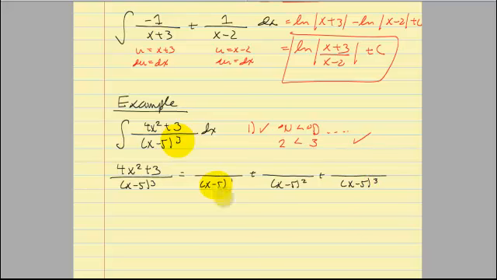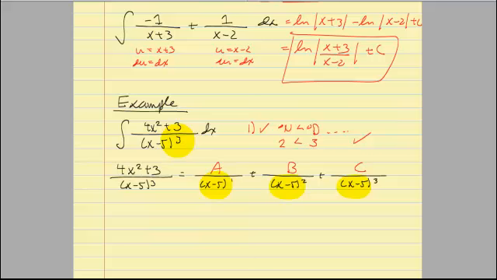Now if you look at the base of each of these, each of these bases is linear, and because each of the bases is linear, that tells me that the numerator has to be some sort of a constant, and the constants we use are a, b, and c. Now what I do is I take this right-hand side and go through and find a common denominator.